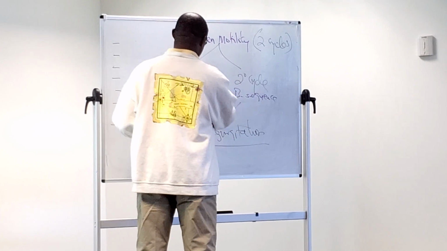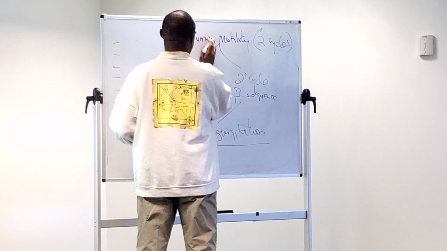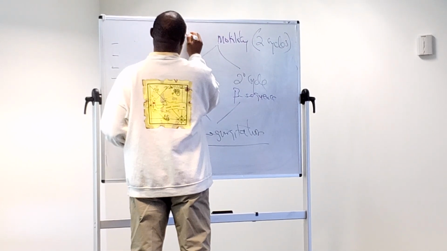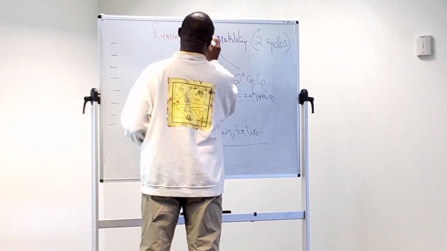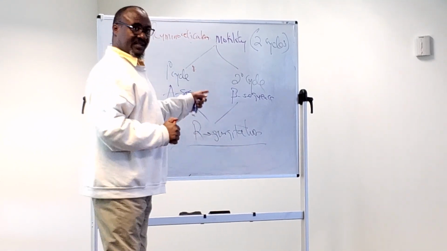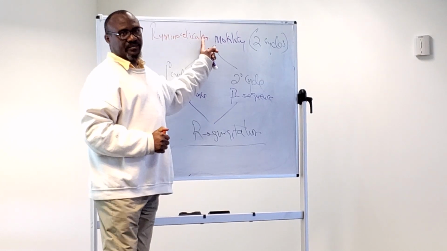So this cycle involves the rumen and the reticulum.